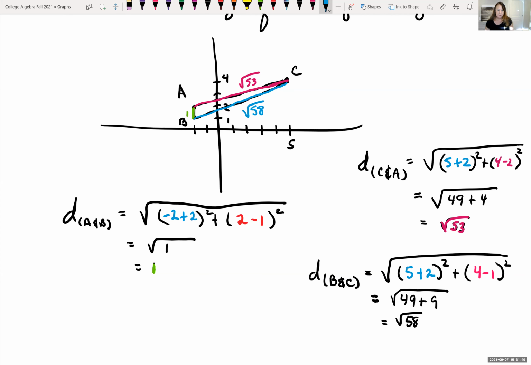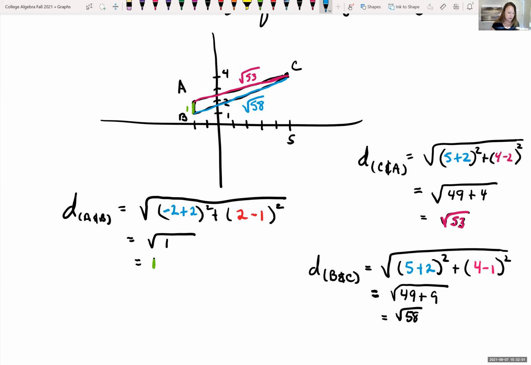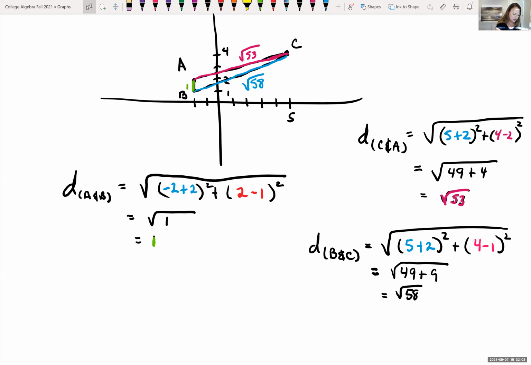Okay, so hypotenuse is always the longest side. And so looking at 1, square root of 53, square root of 58, square root of 58 is the largest value or distance. So we want to know if I take the square root of 58 and we square it, by the Pythagorean theorem, it would have to hold if this was a right triangle. Is this equal to squaring one leg and summing it to the square of the other?